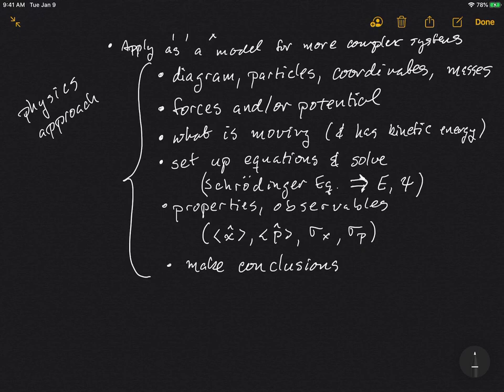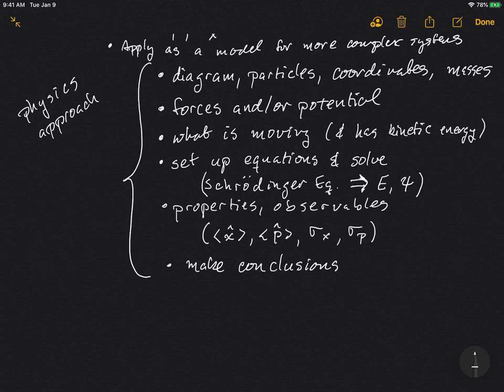And initially we start off with some kind of diagram where we enumerate what particles or other bodies are in the system. We also look at things like maybe charge of various particles, other properties, the mass of the particles, and we assign a set of coordinates.